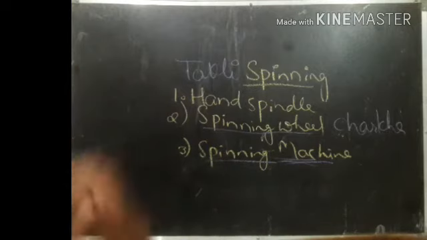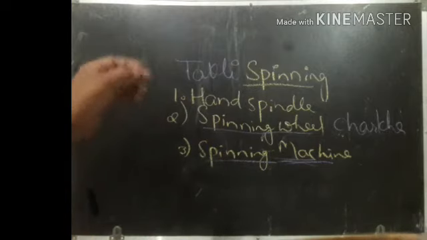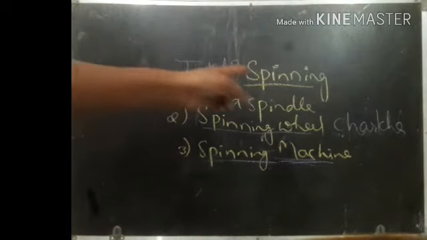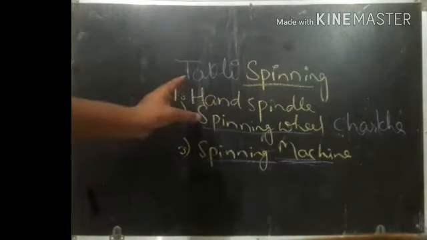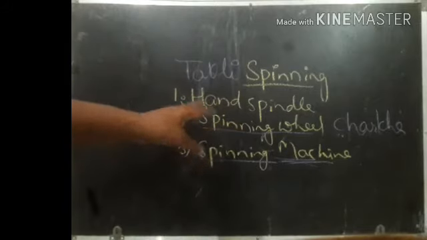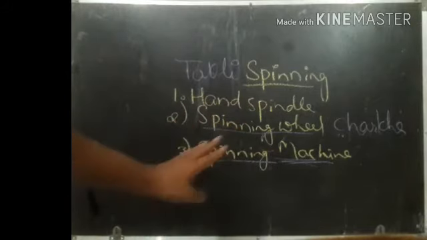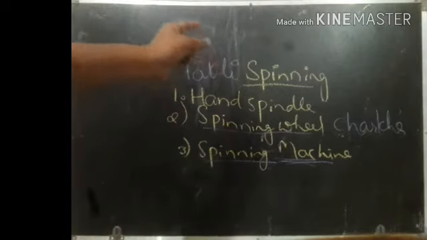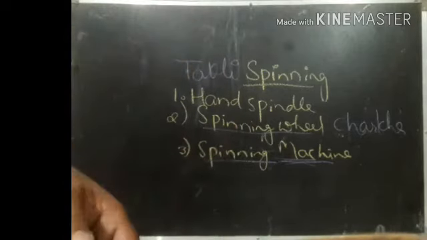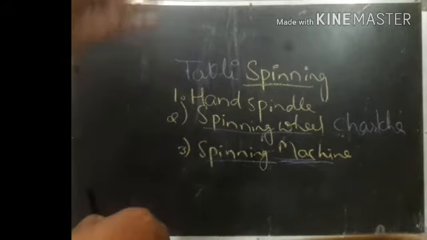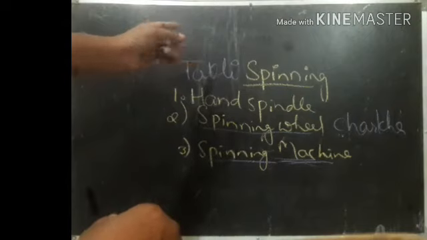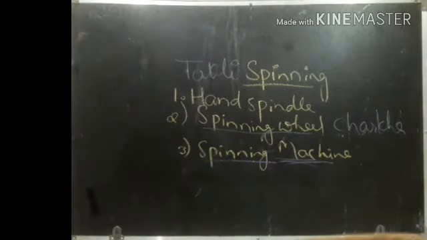When you go for the third step, that is making fabric from the yarn. In this session we learned how to prepare the cotton yarn using hand spindle, spinning wheel, and spinning machine. By using all these we can get the cotton yarn from the cotton wool, or cotton ball.